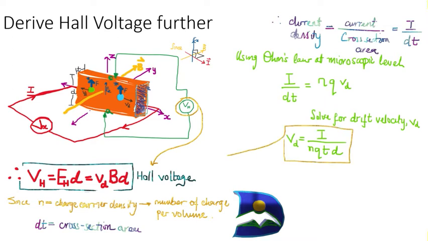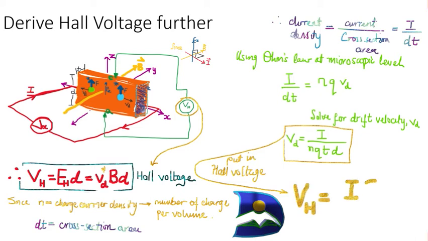If you put this equation into the Hall voltage, we can directly link your material's dimensions to the Hall voltage, and this results in VH, which is the Hall voltage, being equal to the product of the current and the magnetic field divided by the product of the charge carrier density times Q times T, T being the thickness of that particular material.